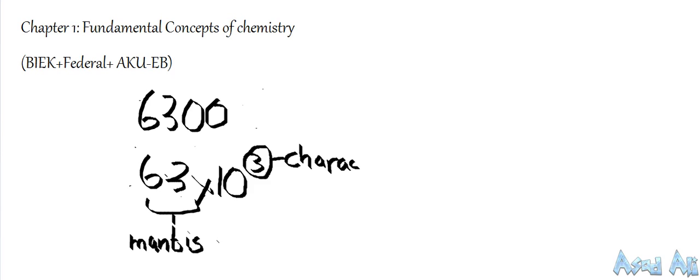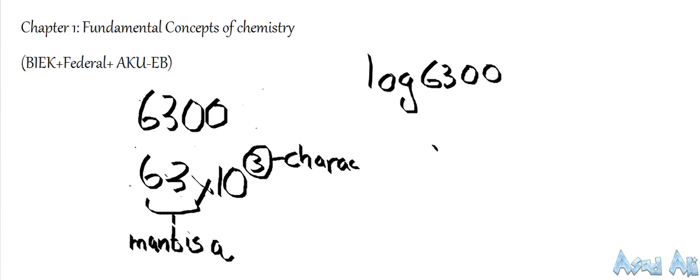The value of the mantissa can be found through a log table, and if we want to have an idea of the log value of 6300, there is a simpler way. Suppose we usually say that by this expression a to the power x equals y, we can find it. Here y is the number, a is 10, and x is the log.